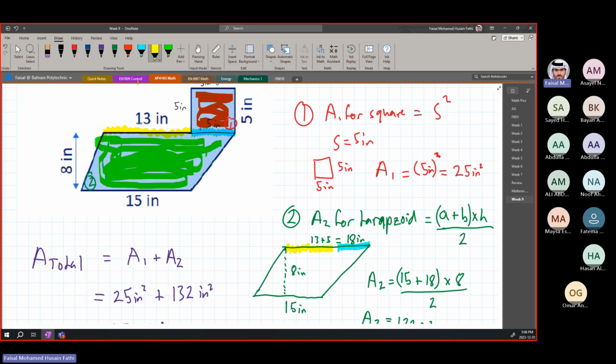And if you notice, if I draw a line like this, the 13 is till this line over here. So this shaded part here is the 13, and this blue shaded part is the 5. That's why it's 18, and that's why we added them.